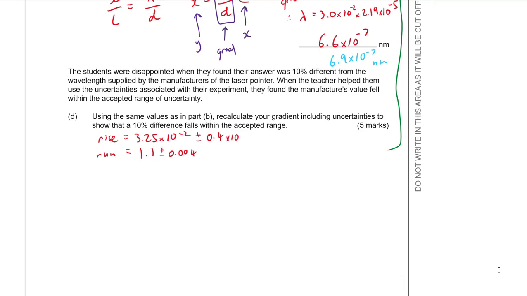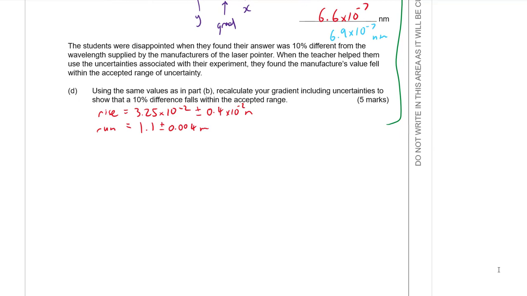That's times 10 to the negative 2 as well. So it's the same number, I'm just representing it differently. Meters here and meters here. So look, this is an interesting way of looking at it, because what this says is the uncertainty in my rise, no matter how I measured it, is going to be based on the values that created that gradient. And I'll explain to you in a second why I think that's a little bit of a shifty way of doing it.